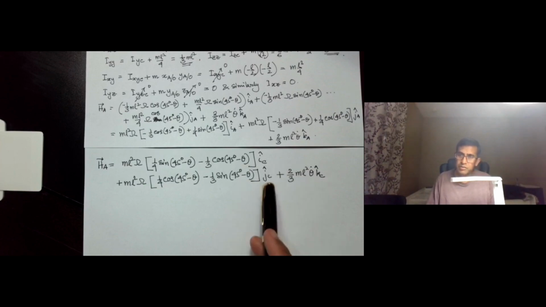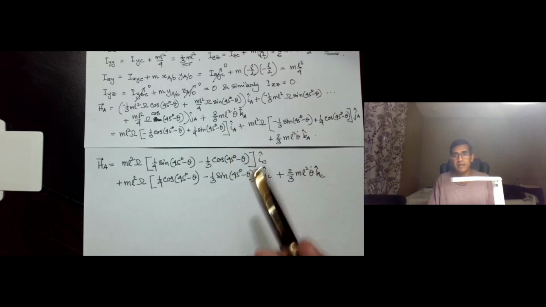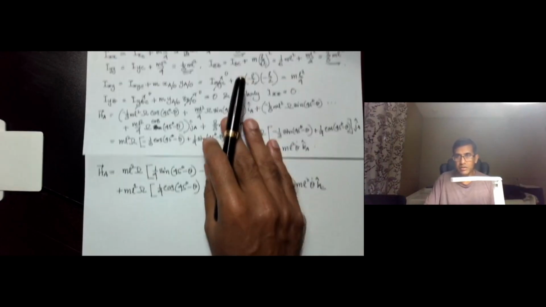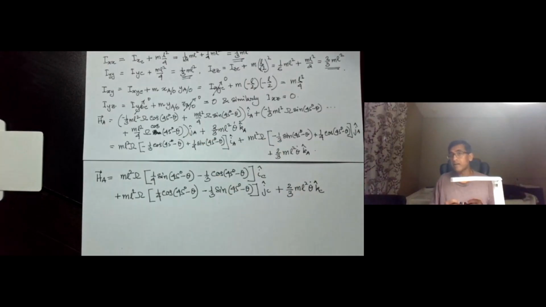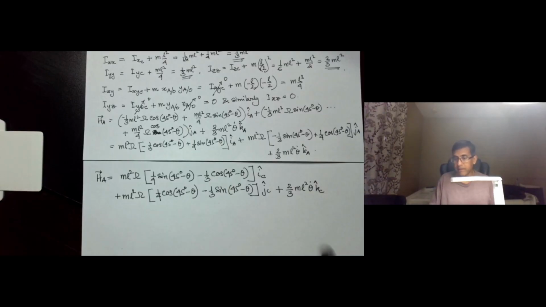And here you see the unit vectors are IC, JC, KC, whereas here the unit vectors are IA, JA, KA. But that's not a problem, because as we mentioned, these two sets of unit vectors are parallel to each other. So therefore the components are going to be the same whether you express in the IA, JA, KA or IC, JC, KC. So this completes our problem.